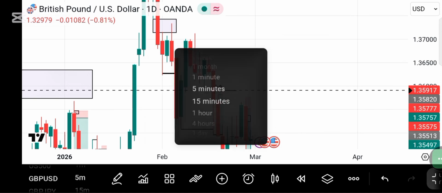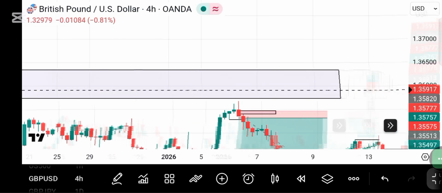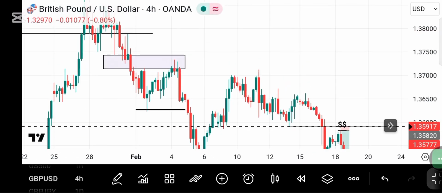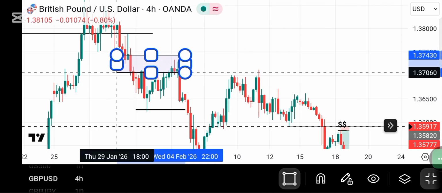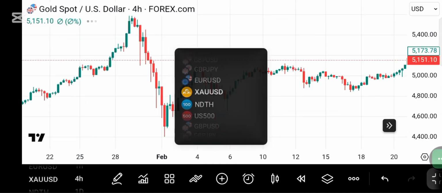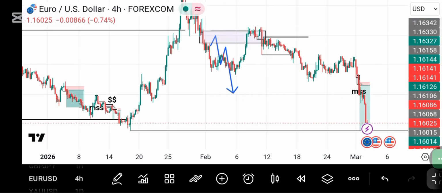Like this one now, if you check on the 4 hours on my point of interest here, you'll see that there was actually a very good delivery in price action here. But if you go to Euro USD on the 4 hours from that point of interest, you see that price was fluctuating here.